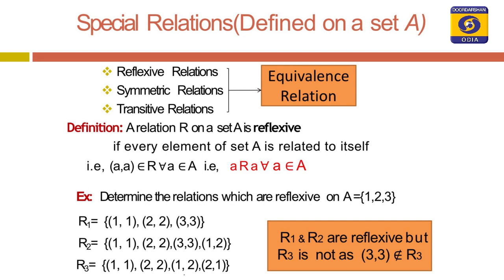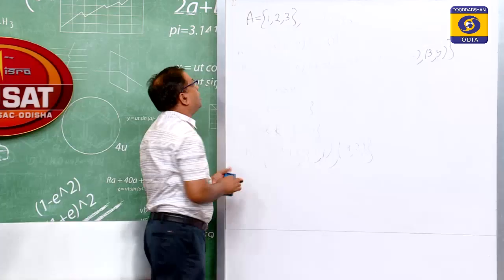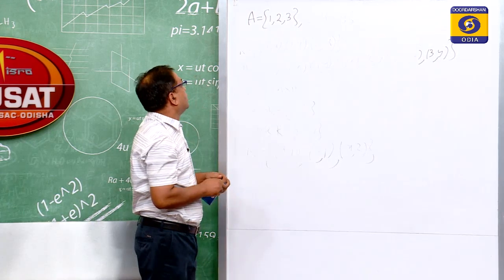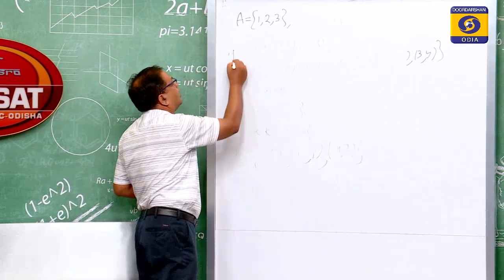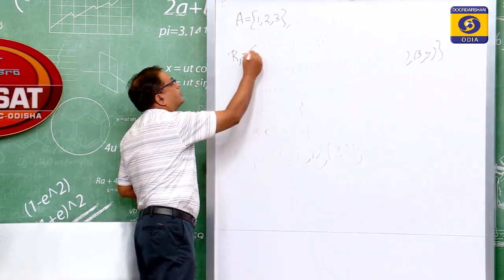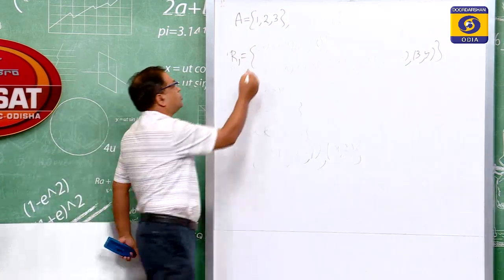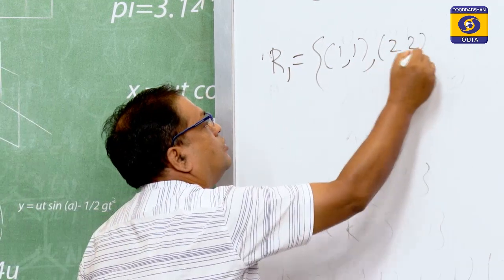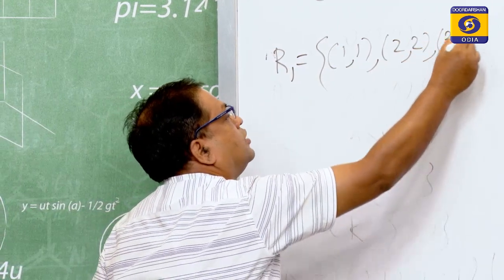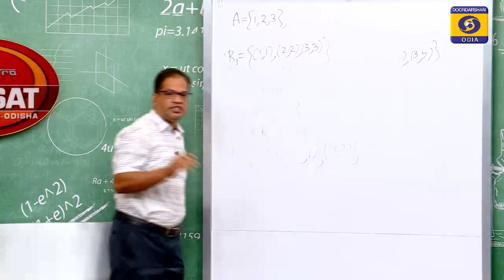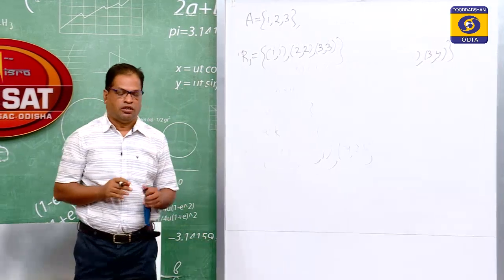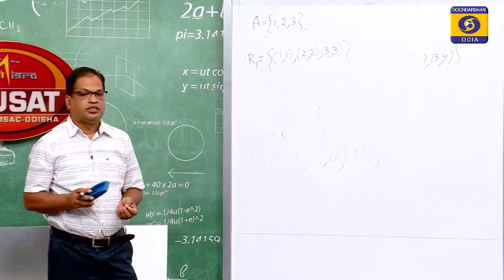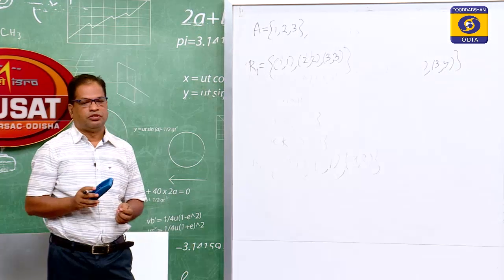Set A is equal to {1, 2, 3} and suppose we take a relation R1 = {(1,1), (2,2), (3,3)}. Now, whether this relation is reflexive or not. What is the definition? Every element is related to itself.